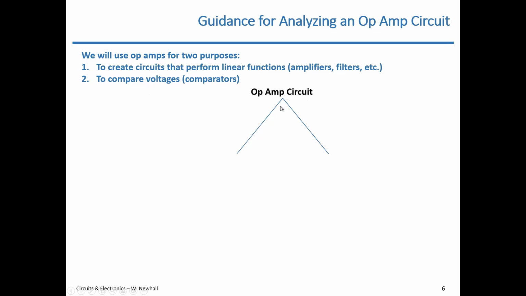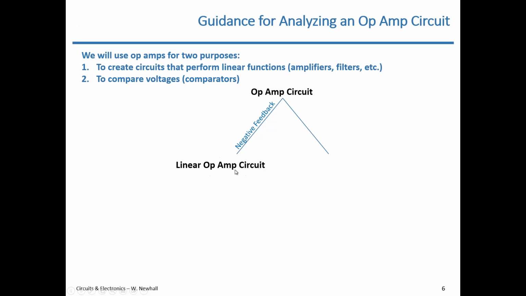There's the first decision to make is, does the circuit have negative feedback? We're going to talk about what negative feedback is. It's easy to identify, but for now, let's just say you can identify negative feedback. If you have negative feedback, you have a linear op-amp circuit, that's number one up here. Okay, that's how you tell the difference between number one and number two. Number one has negative feedback.